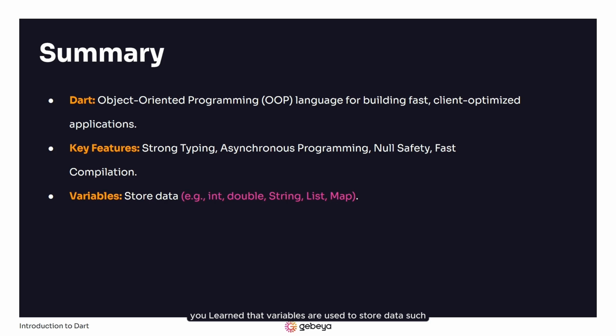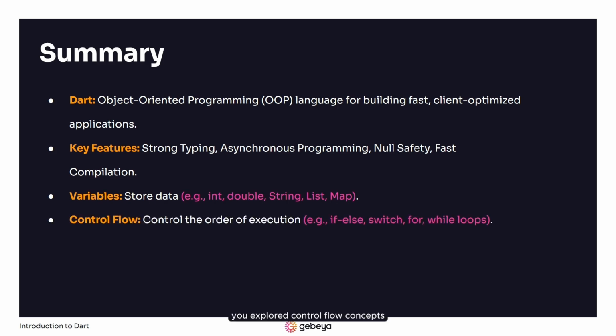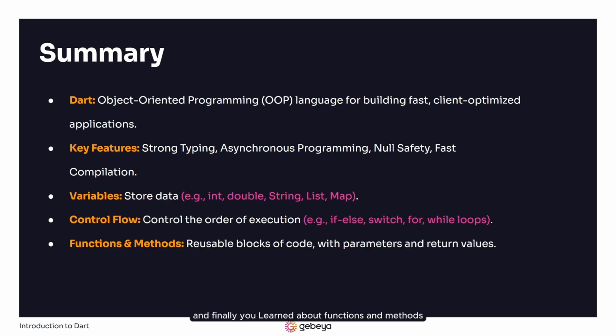You learned that variables are used to store data such as integers, doubles, strings, and booleans. You explored control flow concepts like conditional statements and loops to control the order of execution in your code. And finally, you learned about functions and methods as reusable blocks of code that can accept parameters and return values.